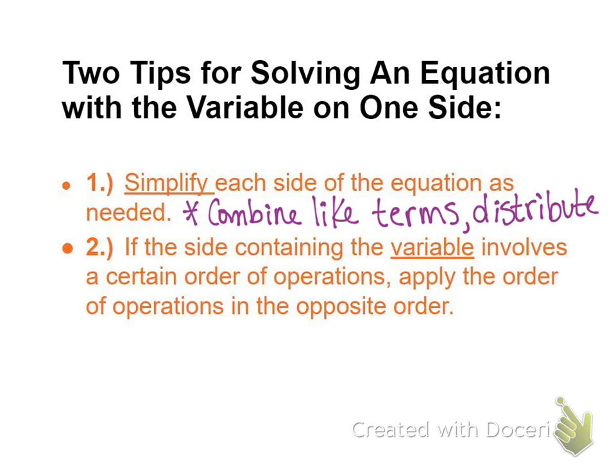Okay, then this just goes into depth about how you would get the variable alone. The important part here is that when we do our order of operations, we do it in the opposite order. So we're going kind of backwards from how we've done our order of operations before.